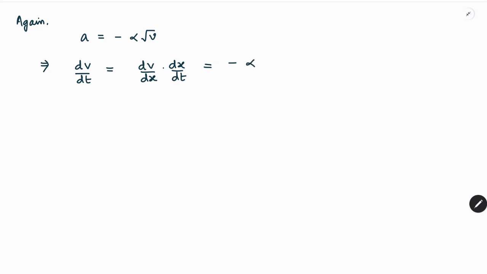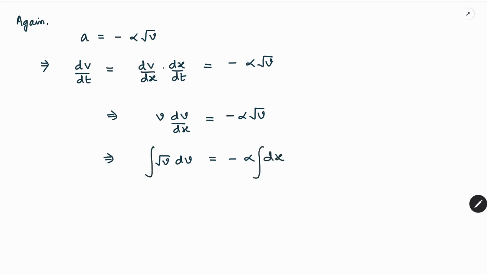So over here if we write dx by dt as v, we get v dv by dx is equal to minus alpha root v, and on solving we obtain root v dv is equal to minus alpha dx, and again we integrate both sides.